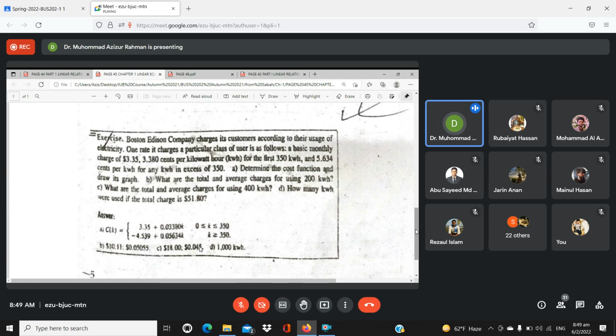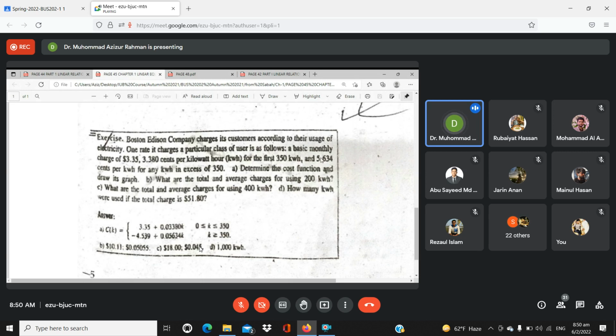So this company is charging its customers according to their usage. One rate it charges is a basic monthly charge. That means this is the fixed cost. Then there is a variable cost per kilowatt hour for the first 350 kilowatt hours.